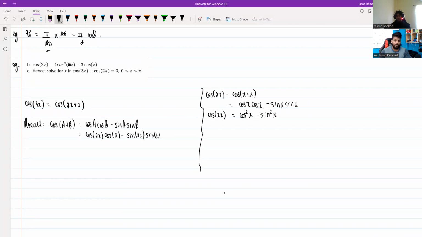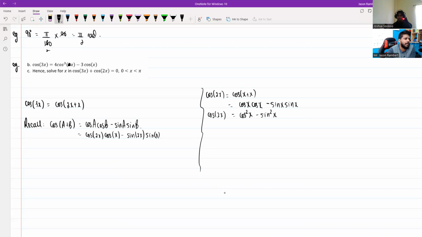Now for cosine of 2x, we actually have a couple more identities, because one of the baby identities says that cosine squared x plus sine squared x is 1. I can get what cosine squared x is, and I can get what sine squared x is.